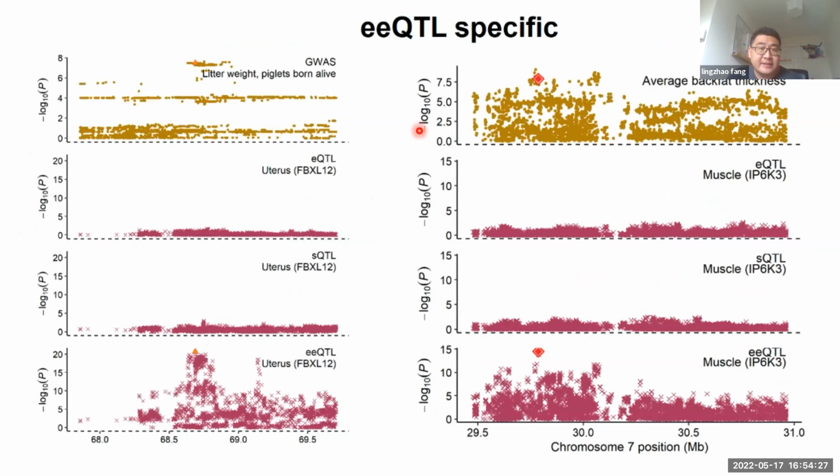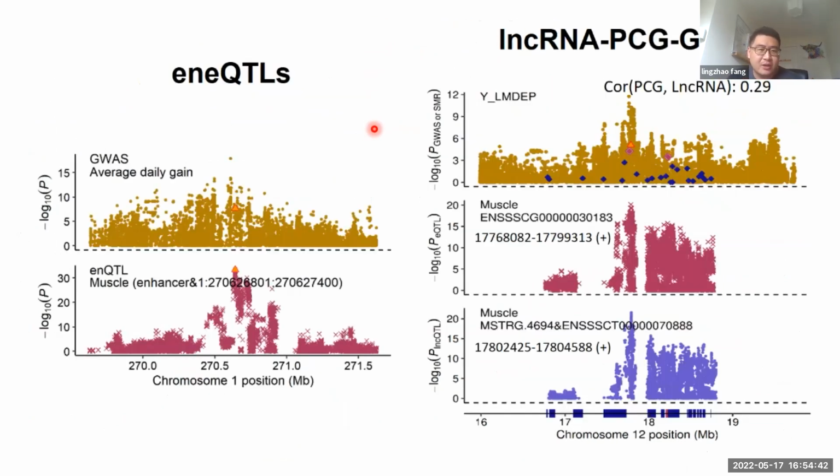And here are some specific colocalizations between exon QTLs and the GWAS loci. We also looked at enhancer QTLs, and we also detected whether any SNPs can influence lncRNA expression, which then target protein coding genes and the GWAS.